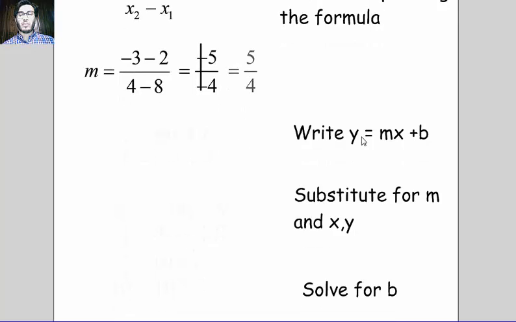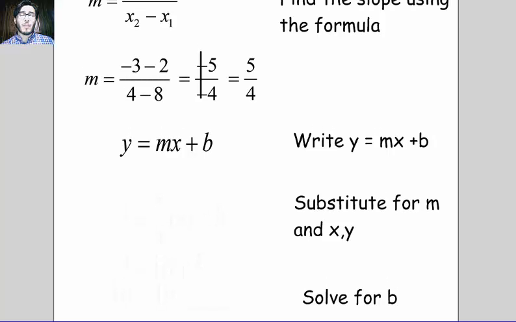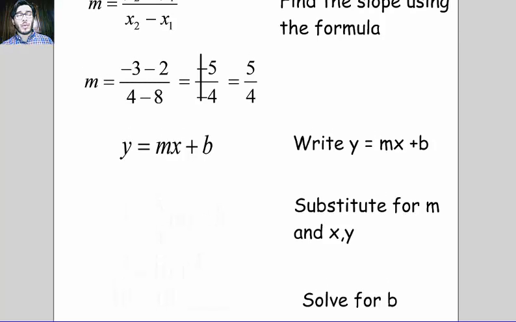Okay, now it says write y equals mx plus b. So I'm going to go ahead and write y equals mx plus b. The reason I'm doing this is because I need to substitute for m, x, and y to find b, like I did in example 1. Where do the x and y come from? If you recall from the previous example, it came from the point that the line passes through.